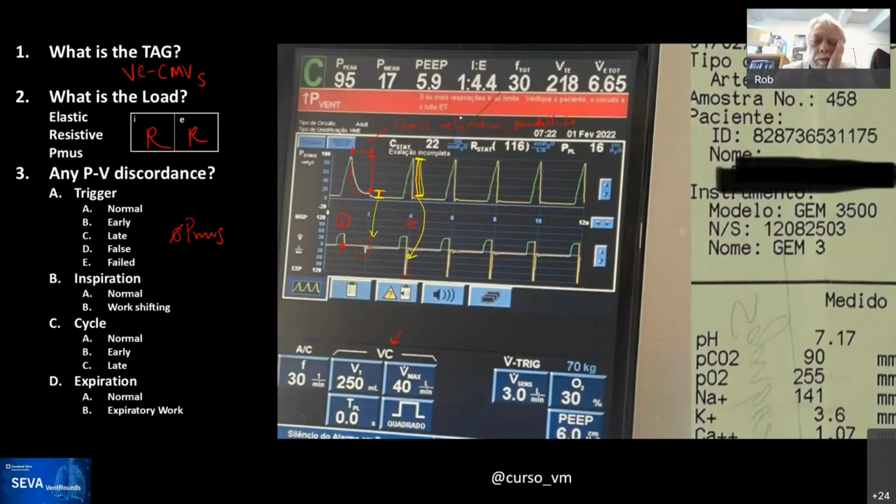Can I add, just a little, to clarify: are we saying that, especially in the rest of the breaths, the initial peak flow is because of decompression of the circuit and the airways? Yeah, in other words, like 2 time constants.